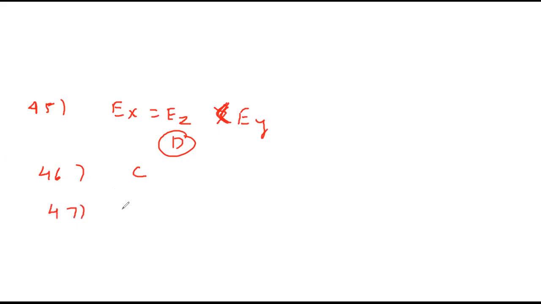A charged water drop whose radius is 0.1 micrometer is in equilibrium in the electric field. If the charge on it is equal to that of an electron, that means 1.6 into 10 raised to minus 19 coulomb, then the intensity of electric field will be how much? Charged water drop. Drop is a sphere.